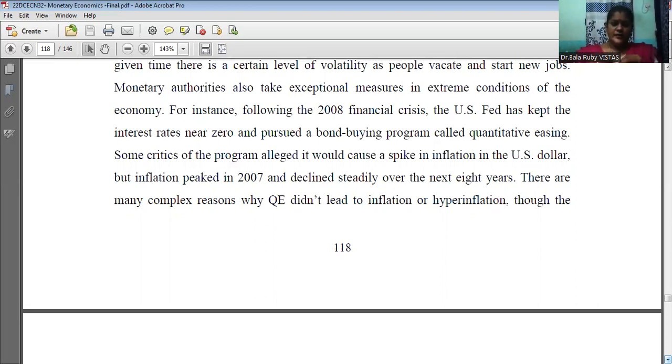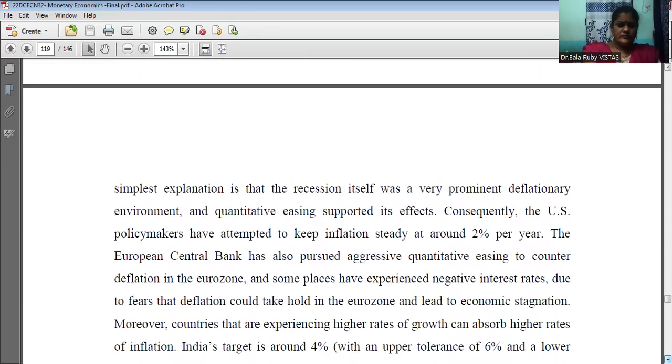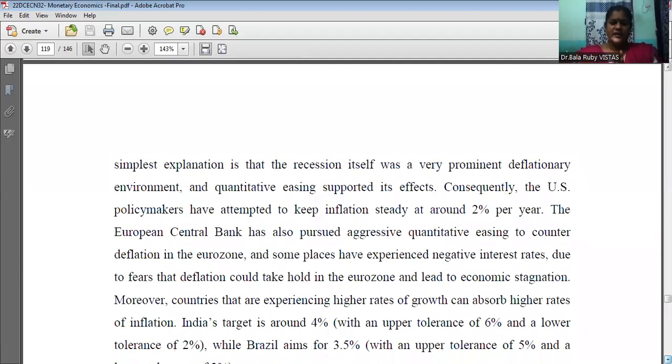There are many complex reasons why QE did not lead to inflation or hyperinflation, though the simplest explanation is that the recession itself was a very prominent deflationary environment and quantitative easing supported its efforts. Consequently, US policymakers have attempted to keep inflation steady at around 2% per year.